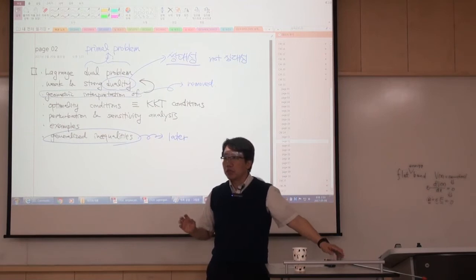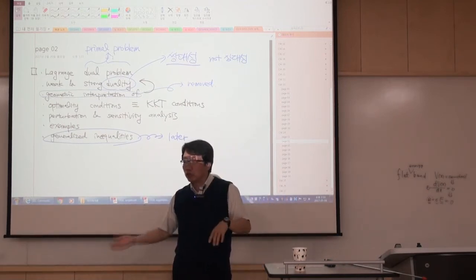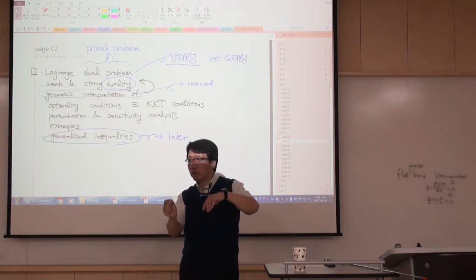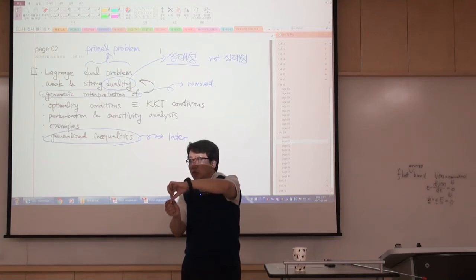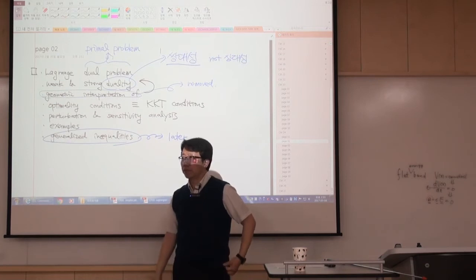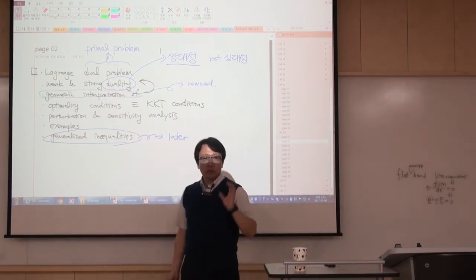Weak duality means we formulate a dual problem in such a way that the maximized objective function value of the dual problem is always less than or equal to the minimum value of the primal problem. That is weak duality. Sometimes you formulate a problem so that they are the same. In that case, we say we have strong duality. Got it? So anyway, the first two topics are related to duality.